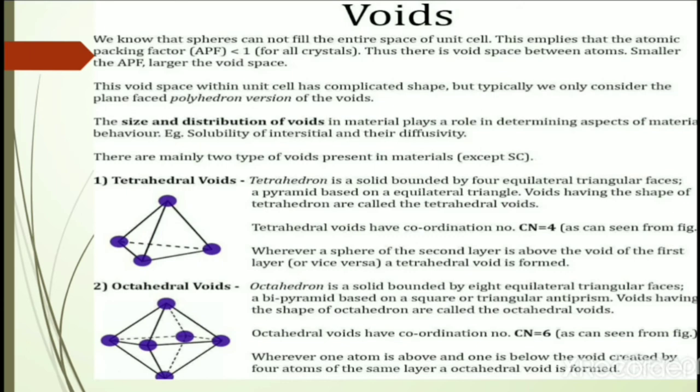Whenever one atom is above and another is below the void that is created by the 4 atoms of the same layer, then the octahedral void is formed. So let us see the 3-dimensional arrangement of the tetrahedral void and the octahedral void.